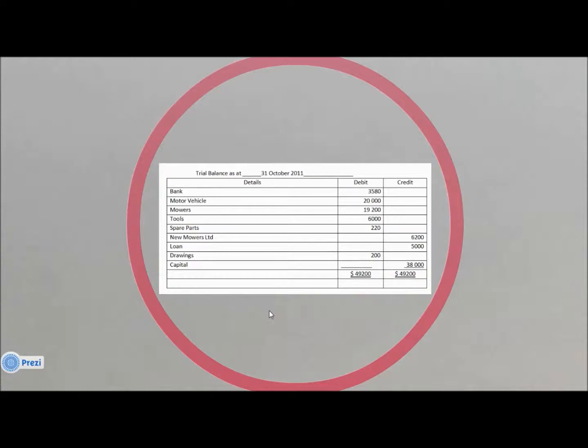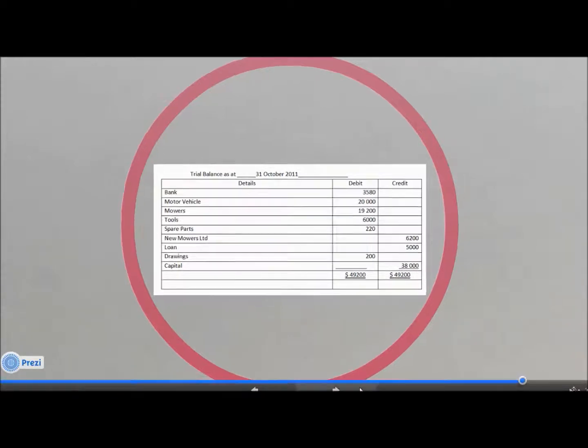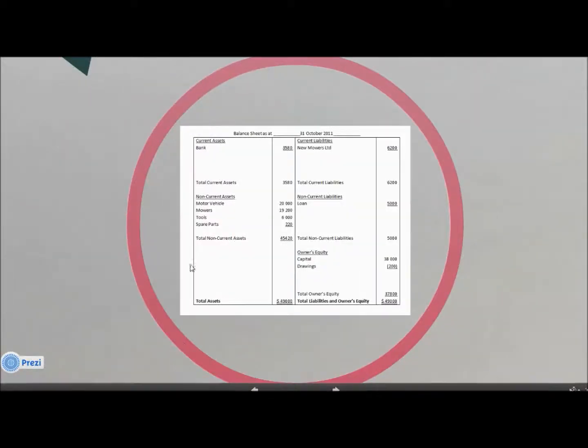Drawings and capital are owner's equity. Drawings is on the debit side, 200. Capital is 38,000. And adding them together is 49,200. And this is a line and the double line at the end.